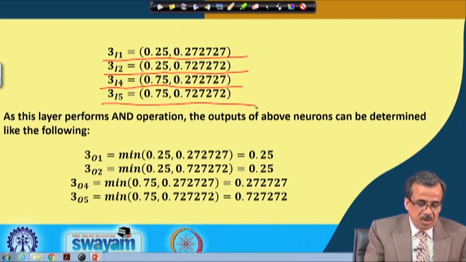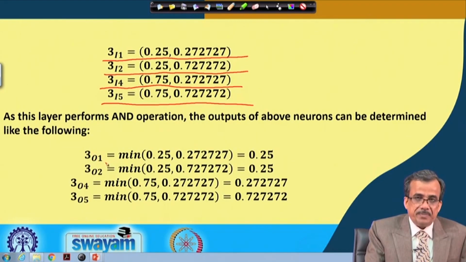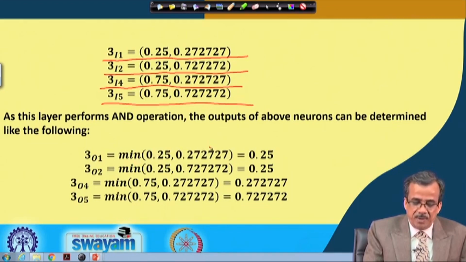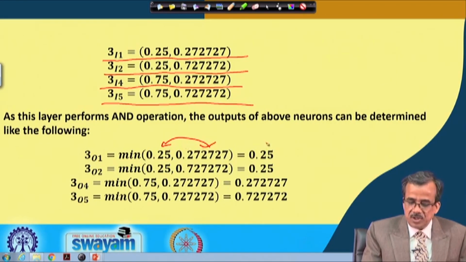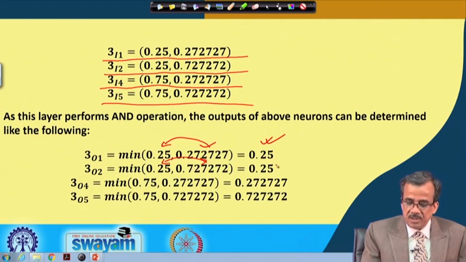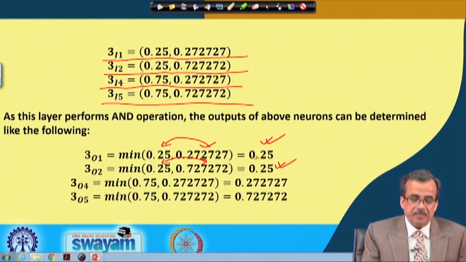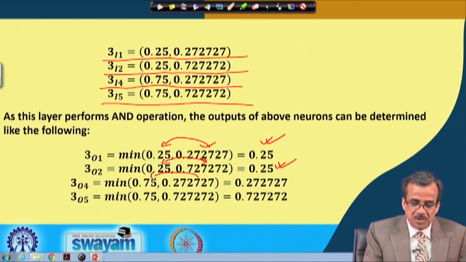Now, we compare. We try to find out what should be the output of the AND operation layer. So, 3O1, that is the output, is nothing but the minimum between these two, and this will be the minimum. Then 3O2 is the minimum between these two, and this will be the output, and 3O4 is the minimum between these two.